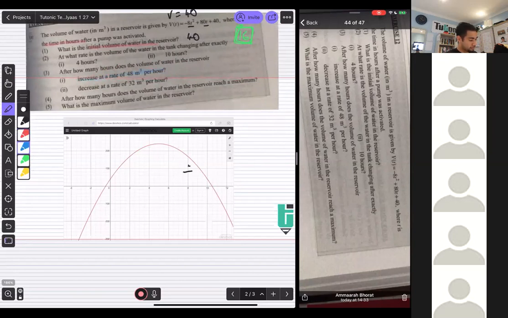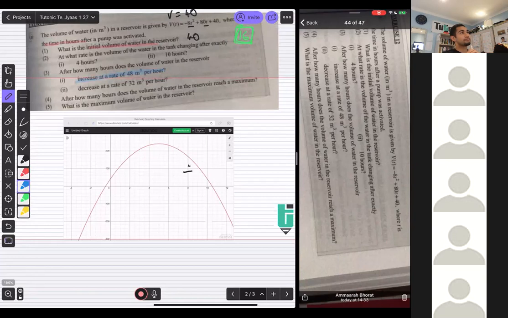The answer is equal to 48. They're telling you the flow, if you want to be technical. They're telling you the rate of change, and the rate of change is the derivative.